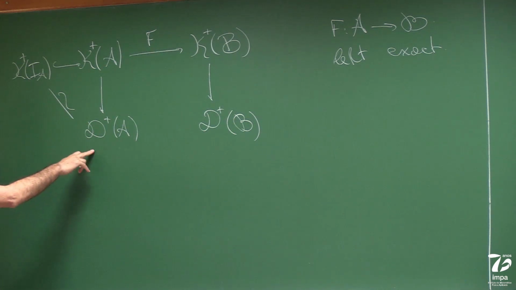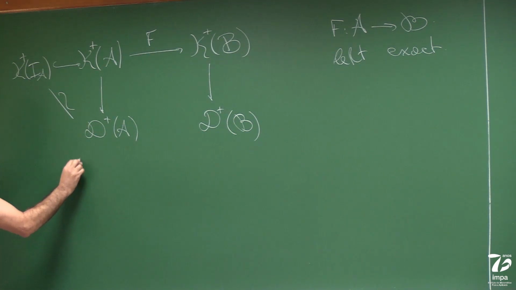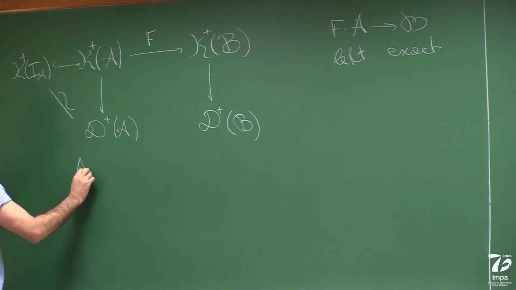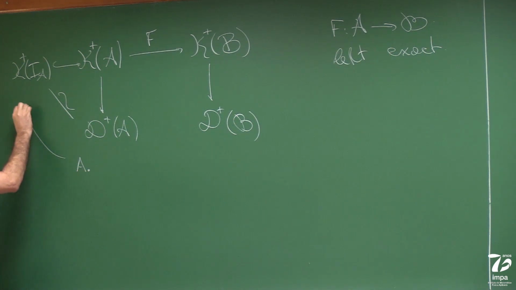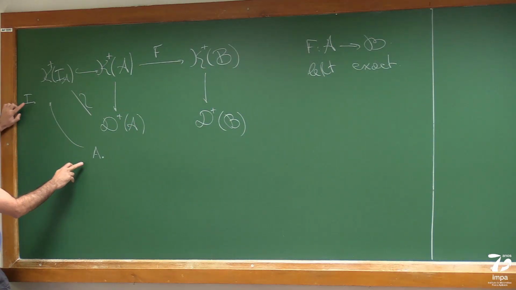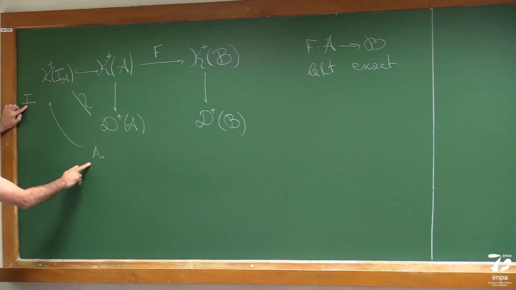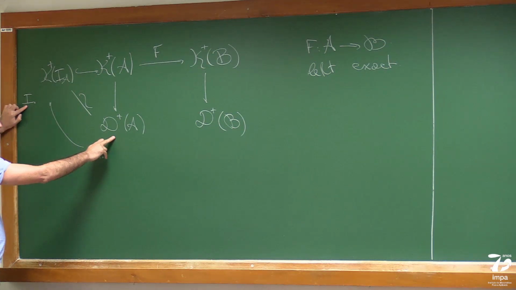So if I grab an object here, some complex A, I can find an object here. There was some complex I, an isomorphism between this complex and this complex in this category.